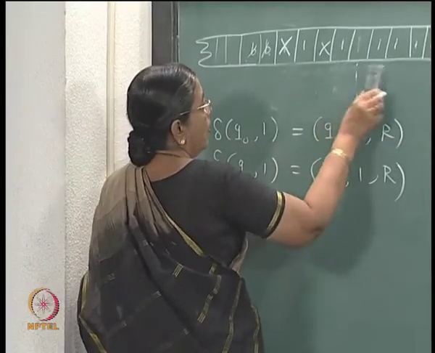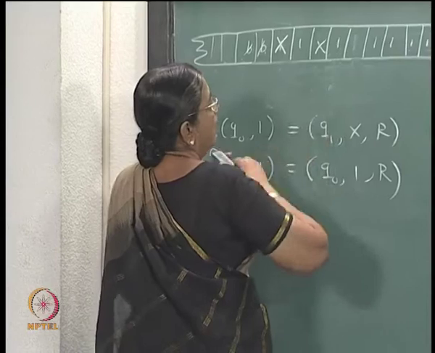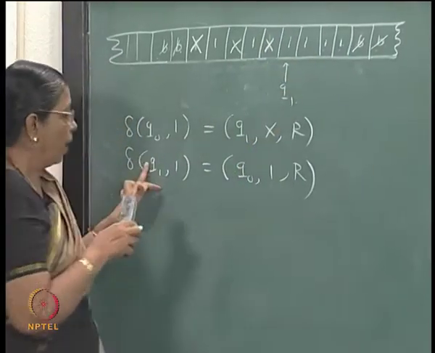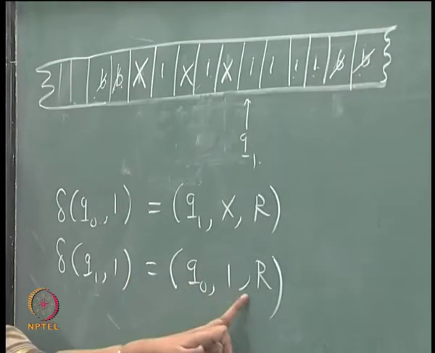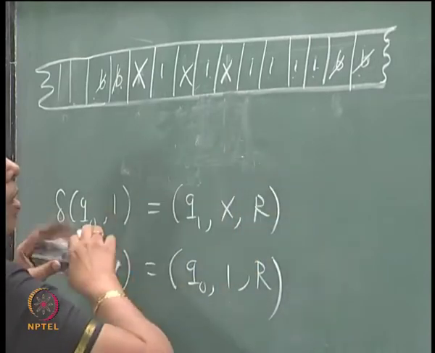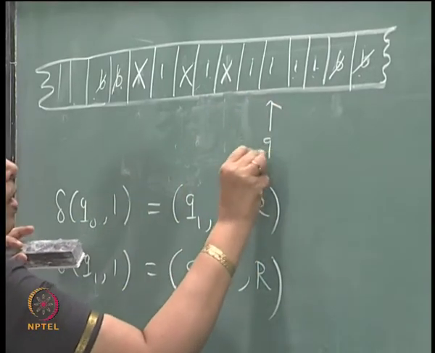So, print an x and move right in Q1. In Q1 if you see a 1, go to Q naught, but do not do anything with the 1. So, you will move here in Q naught.